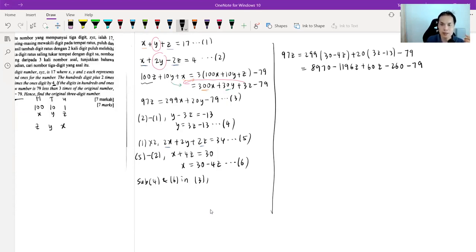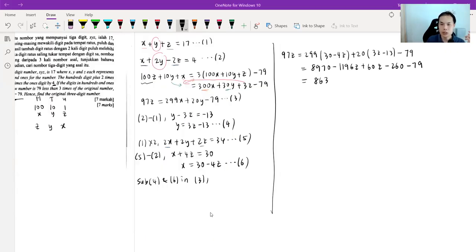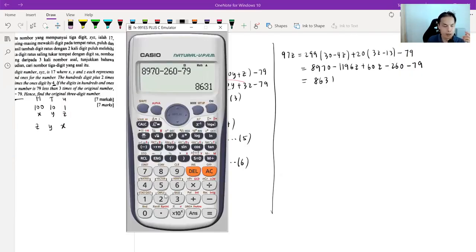So what we have here is an equation involving z. Let's simplify this. I'm just going to show you calculator: 8970, you minus 260, then you minus 79, you get 8631. Negative 1196z plus 60z is basically 1136z.